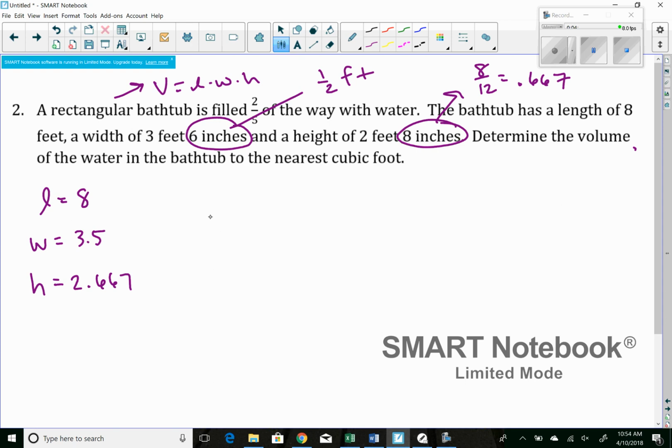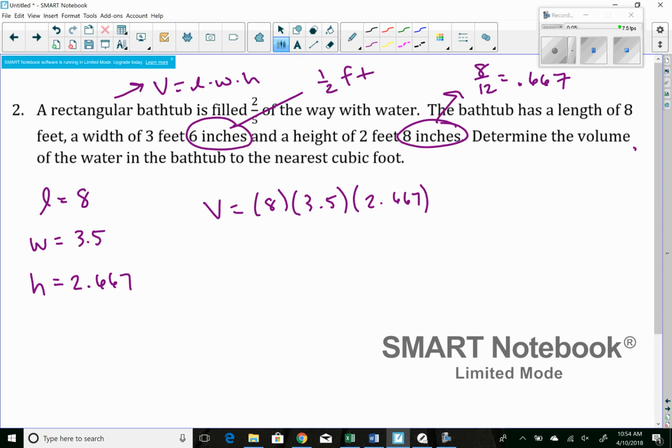So the volume of this bathtub is going to be 8 times 3.5 times 2.667.